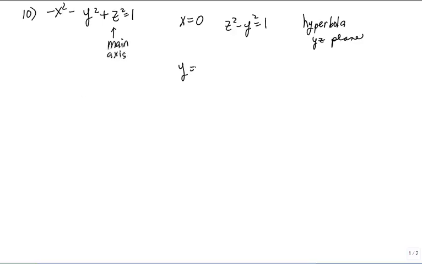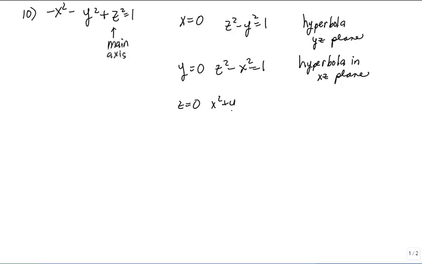And if y equals 0, I get z squared minus x squared equal 1, which is a hyperbola in the xz plane. And if z equals 0, I get x squared plus y squared equal negative 1, so I get nothing.